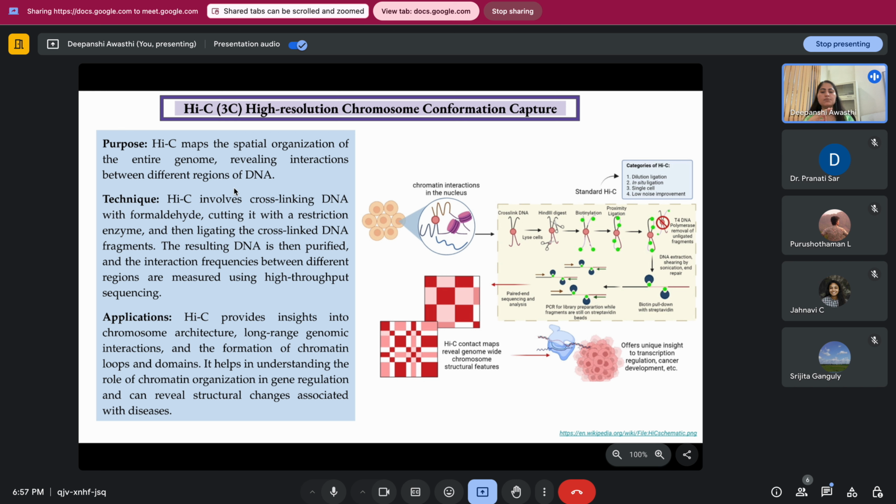The principle behind this technique is that if some DNA is wrapped around histone protein, the histone protein can bring genes which are present far from one another closer, because when that DNA wraps around the histone protein, the gene which is lying very far away can also be brought closer to the gene which is present on the upper end of the histone.